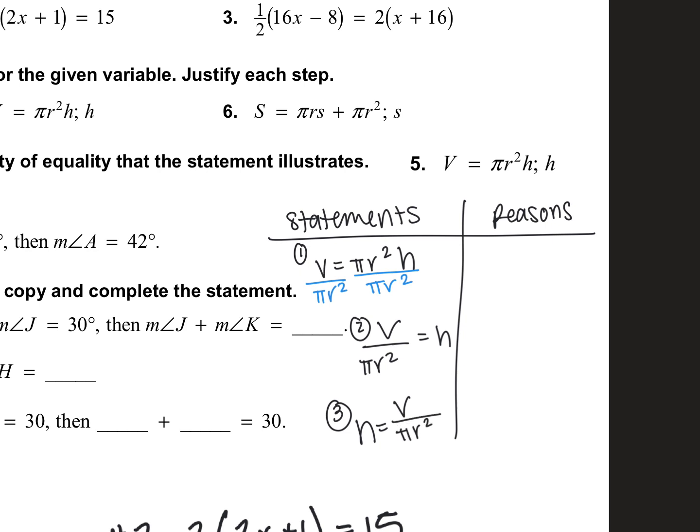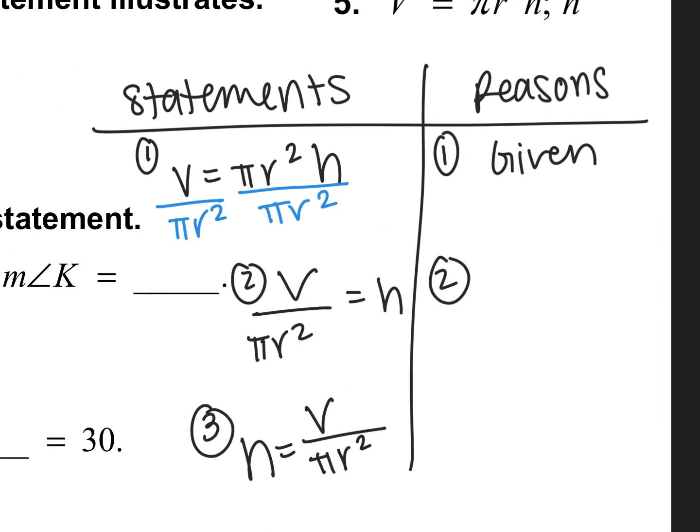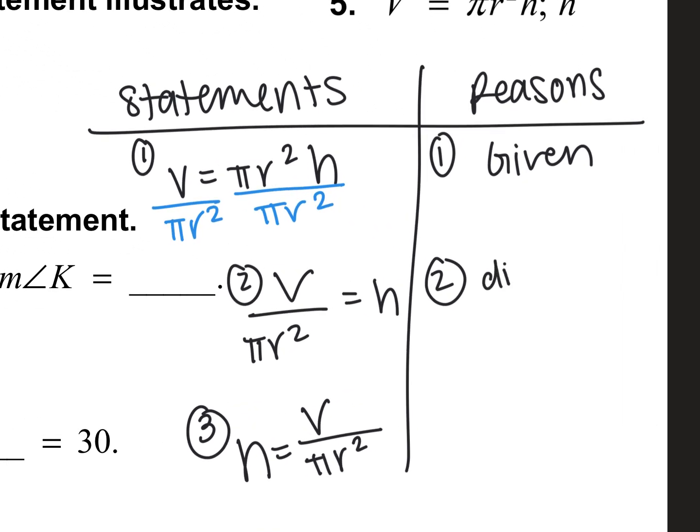So my reasoning, the first reason is going to be what? Given, we know that. My second reason is going to be what? Dividing. Good, division property. And then my third reason, keep in mind we covered these last class.